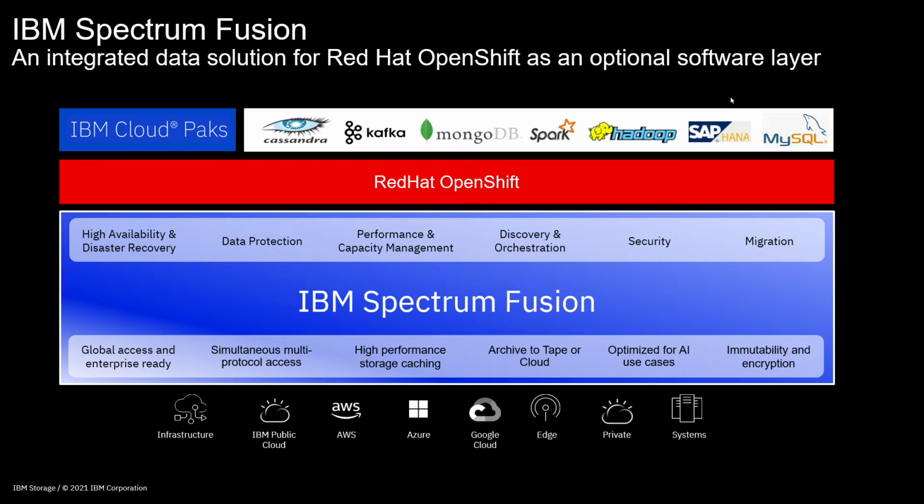Data services being the data protection, the creation of what they call persistent volumes, providing the security for it, maybe even migrating data from one environment to another. And all of this can be run either on-prem or out in public clouds, or maybe your private cloud.